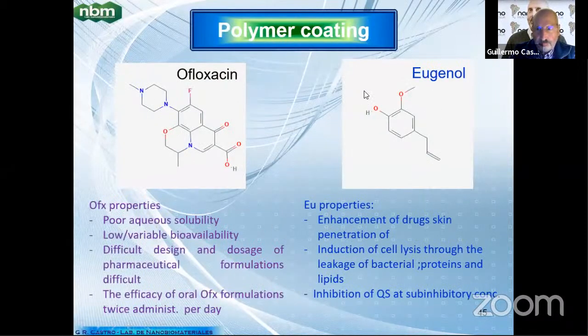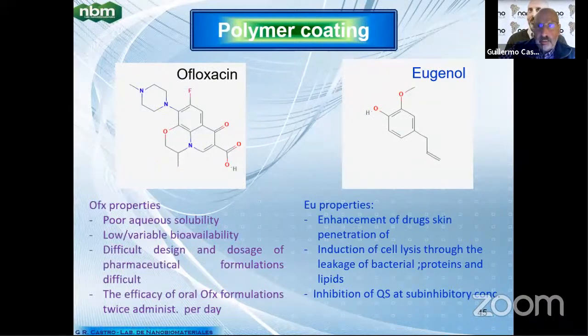So this is ofloxacin and this is eugenol, which can enhance drug skin penetration and, importantly, is an inhibitor of quorum sensing at a very low inhibitory concentration.